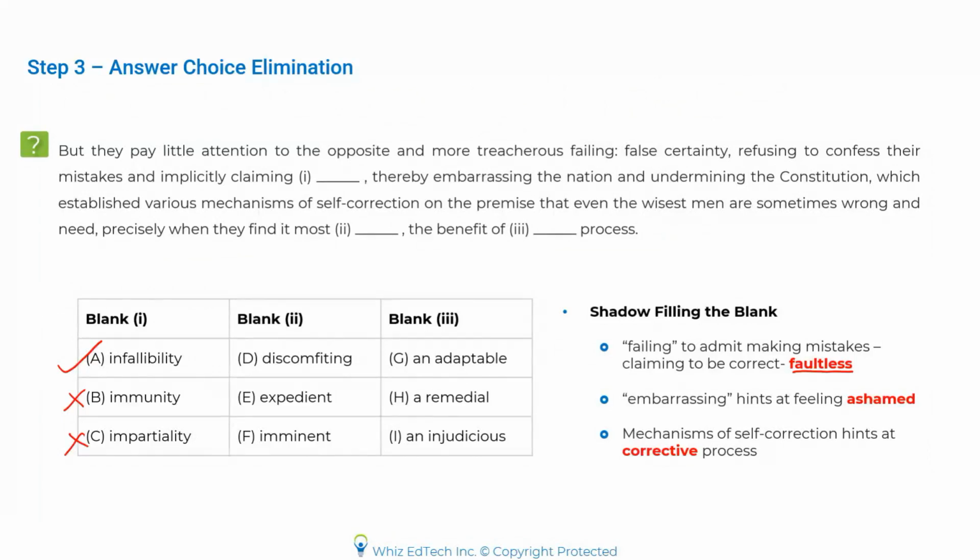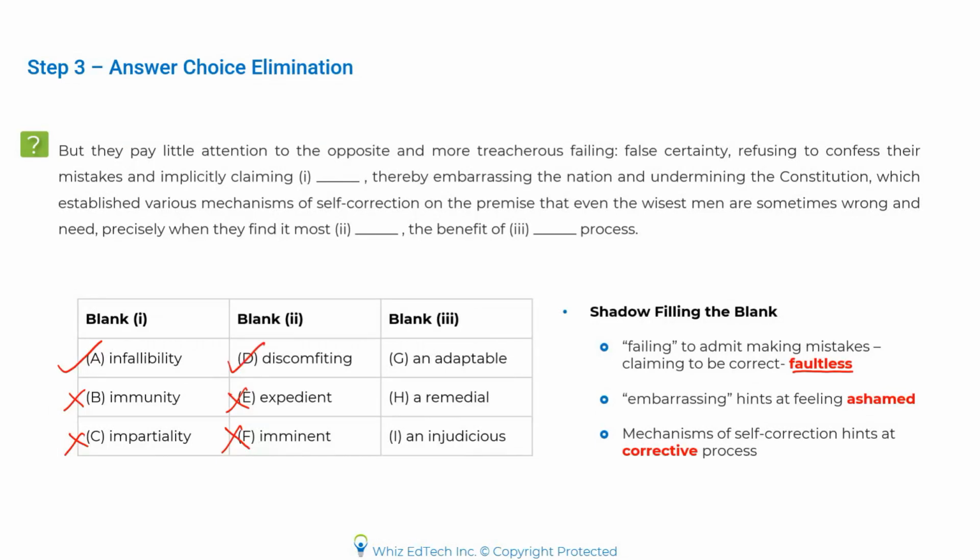Embarrassing hints at feeling ashamed. So imminent means about to happen, doesn't fit. Expedient means advantageous, but probably not moral. Again, nothing to do with feelings. Discomforting comes from the word not feeling comfortable. So ashamed, embarrassed definitely means you are not feeling comfortable.